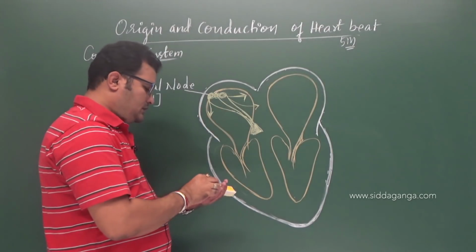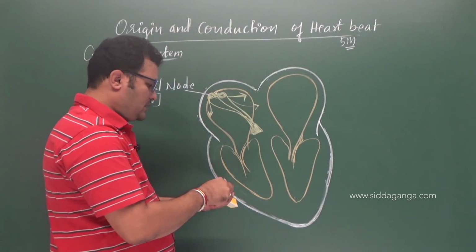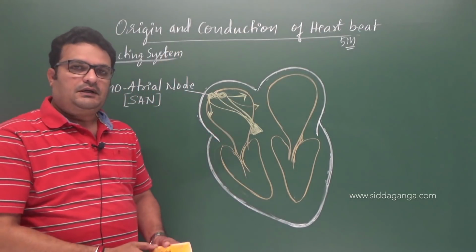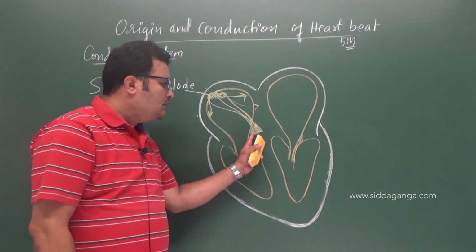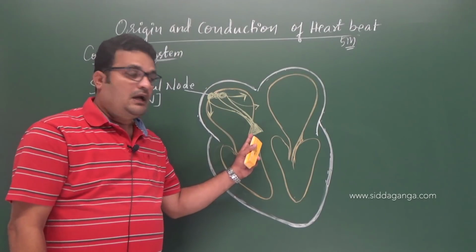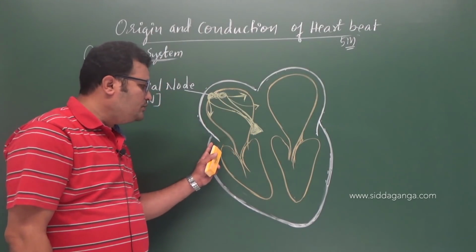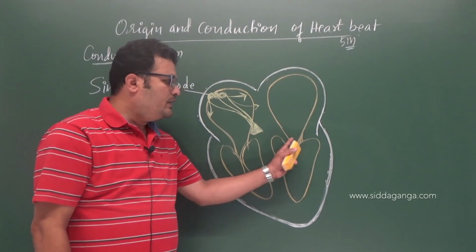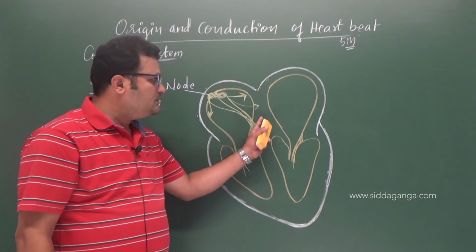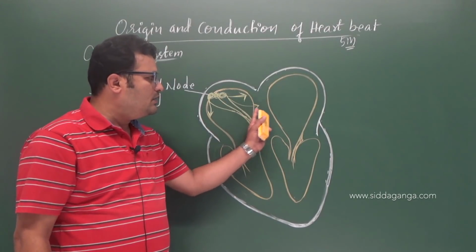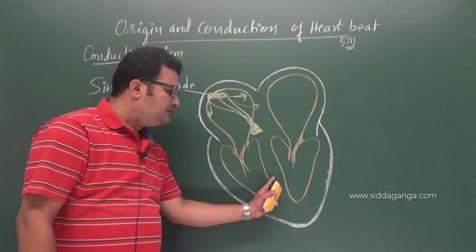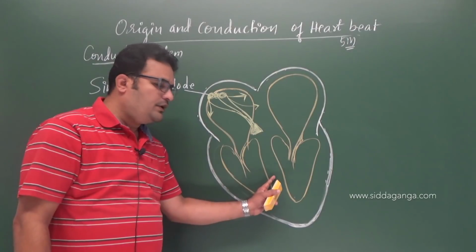These arrow marks are the internodal pathways, I'll tell you what they are exactly. One more nodal tissue is recognized in the lower corner of the right atrium, near the atrioventricular septum. This septum is known as the interauricular septum, and this one is known as the interventricular septum.